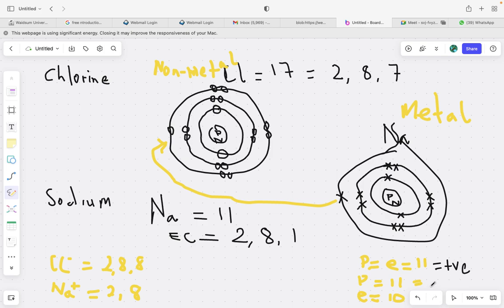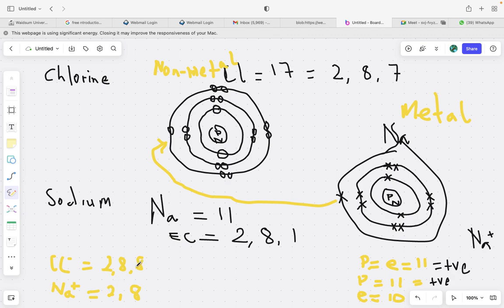So it now has more positive than negative, because positive is 11 and negative is 10. For that singular reason, we say sodium is now positive. So we write sodium plus.